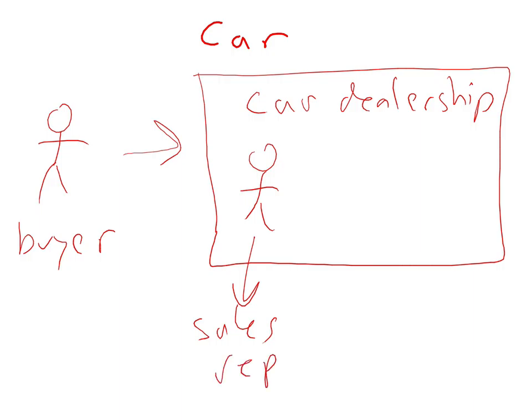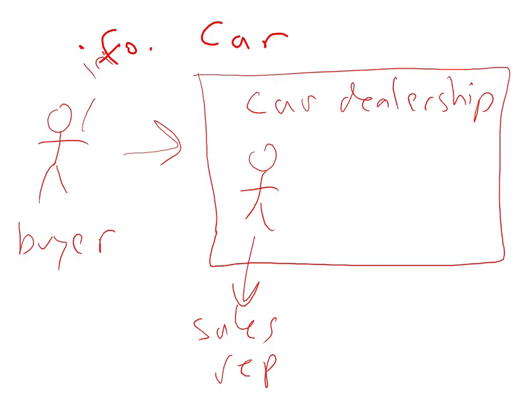But you may be armed with information that you got from the internet as it relates to prices and other things that are important for you. So you're an informed consumer and you're going to interact with that particular sales rep.